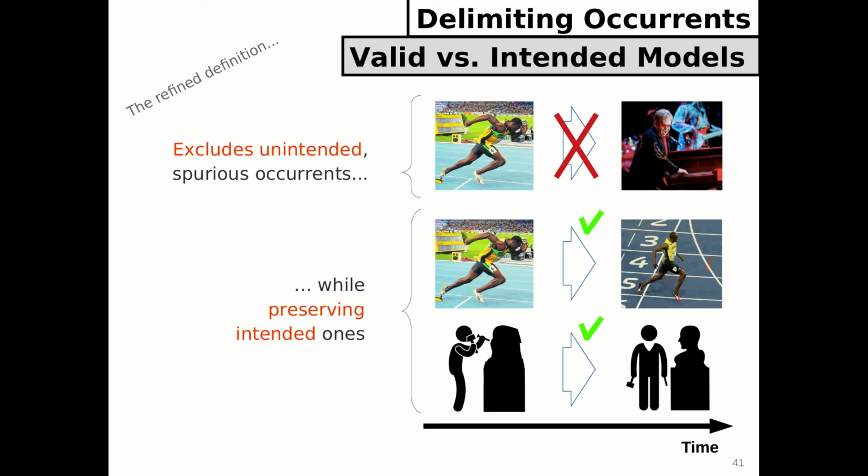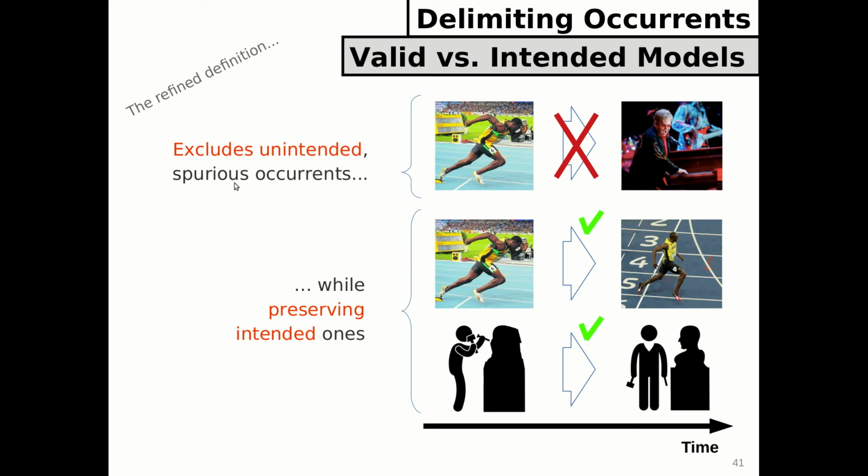And the definition also accepts the occurrences that we would like to accept. For example, in the event of Usain Bolt starting and finishing a run, the ontological substrate that constitutes Usain Bolt is present in both situations. And in the event of the creation of a statue, the ontological substrate that constitutes the statue that's present in the final situation is also present in the initial situation.